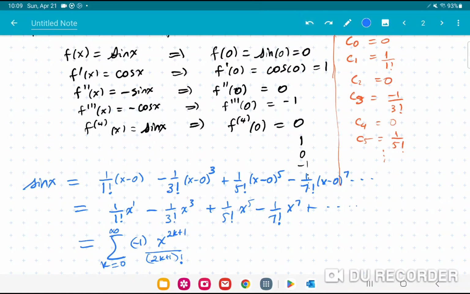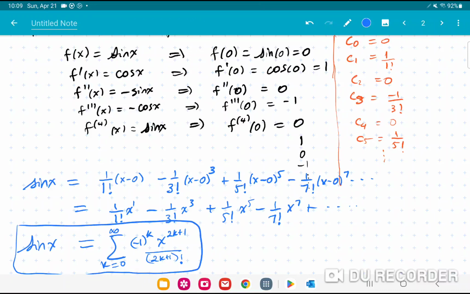Now, for k equals 0, the exponent is 1, and we want positive. So it looks like minus 1 to the power of k will do it instead of minus 1 to the power of k plus 1, because when k is 0, we want it to be 1. The other will give us minus 1. So that's just the Maclaurin series for sine x.